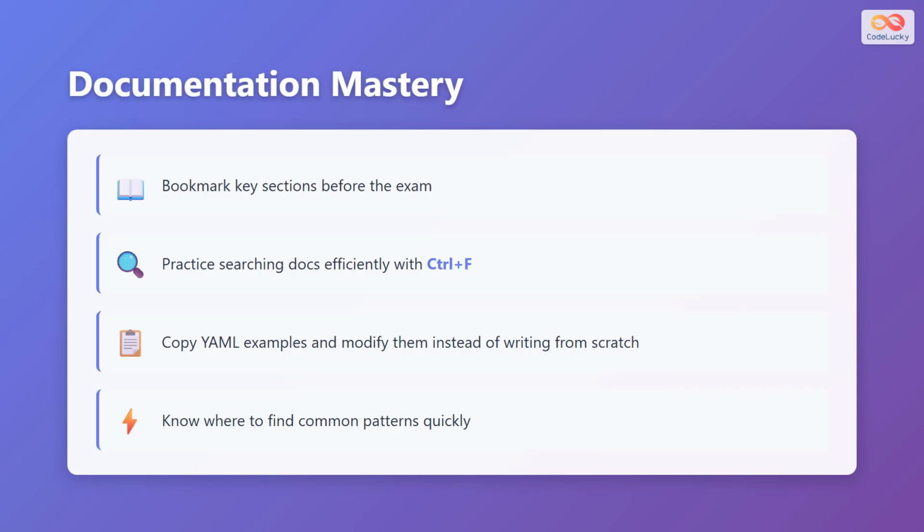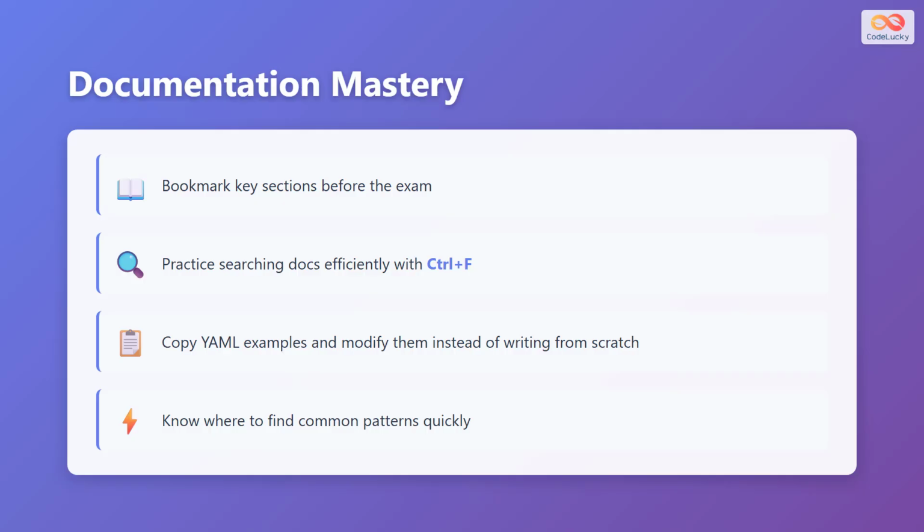Mastering the Kubernetes documentation is absolutely essential for exam success. Before the exam, bookmark key sections so you can navigate quickly during the test. Practice searching the documentation efficiently using Ctrl+F to find specific topics or code examples. Instead of writing YAML files from scratch, copy existing examples from the documentation and modify them to fit your needs.